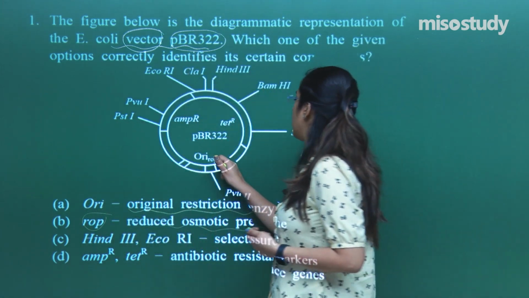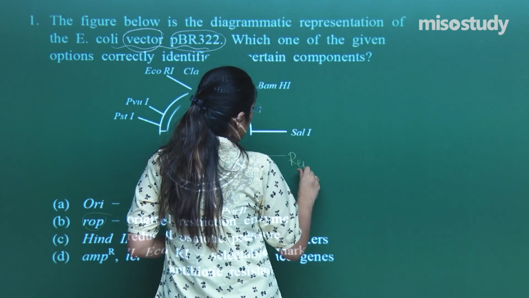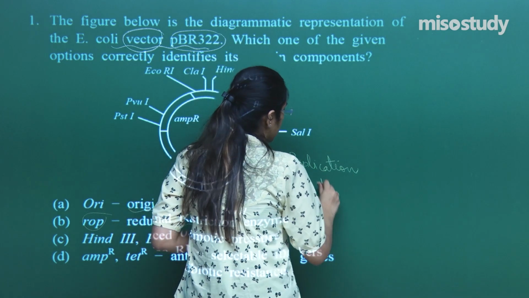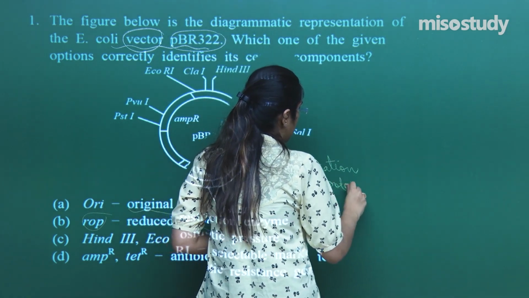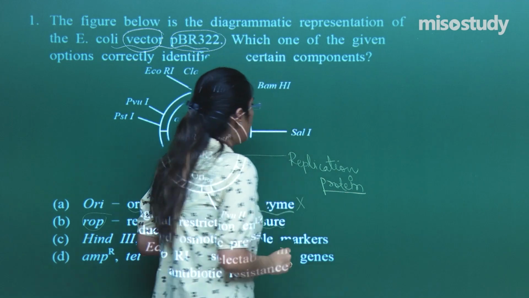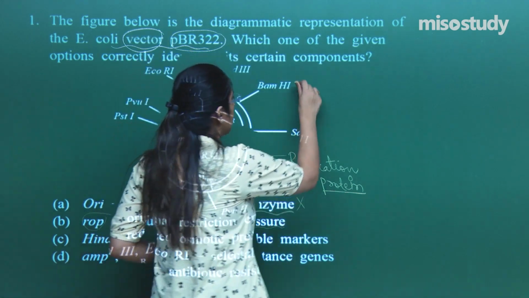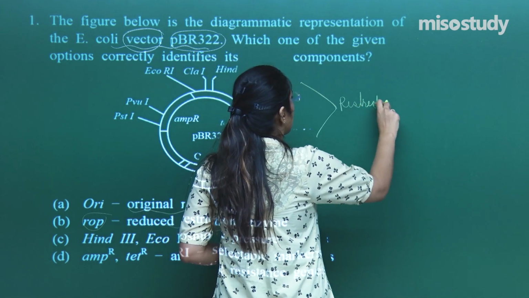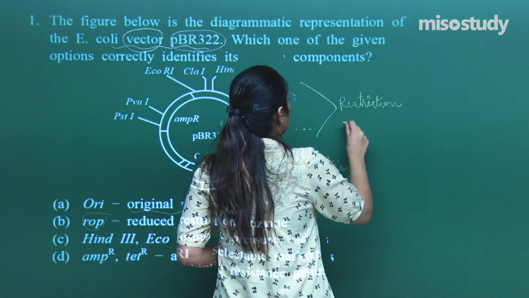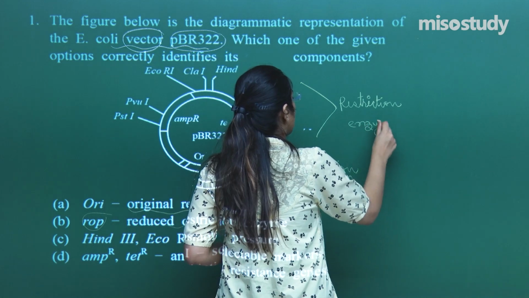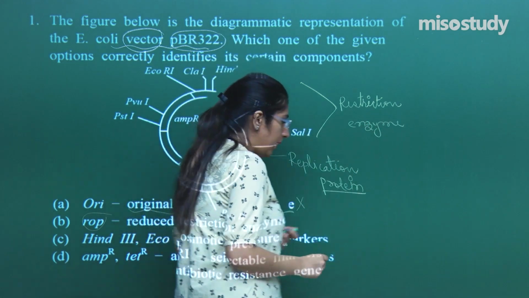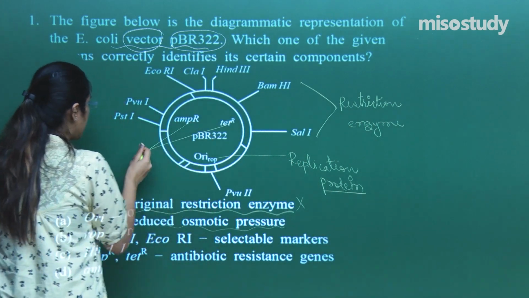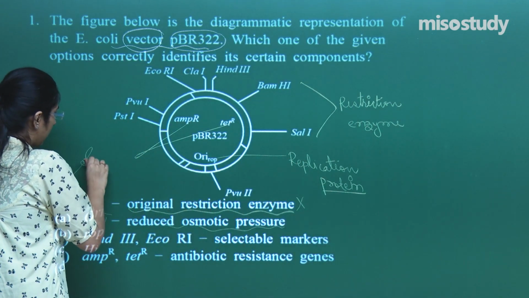Whereas these, ScaI, BamHI, and so on, are restriction enzymes. Now let's look at the options. And similarly, these ampicillin and tetracycline resistance genes are the selectable markers.